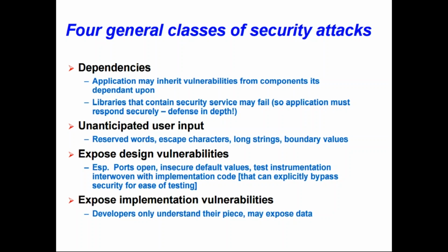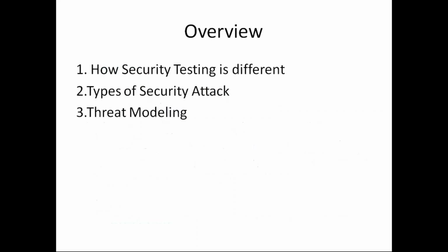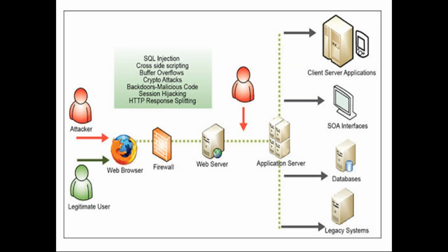Now the third one is the design vulnerabilities. Suppose your web application is allowing you to have some 30 to 40 connections at a given point of time. Now, if 30 connections are completed, the 31st connection should be kept on hold, or kept in the pipeline.